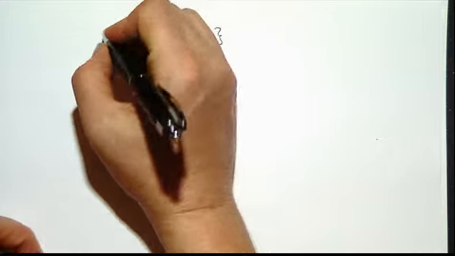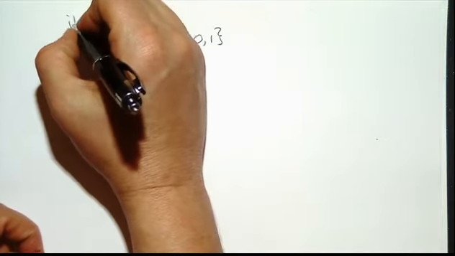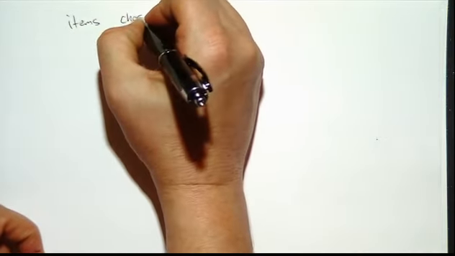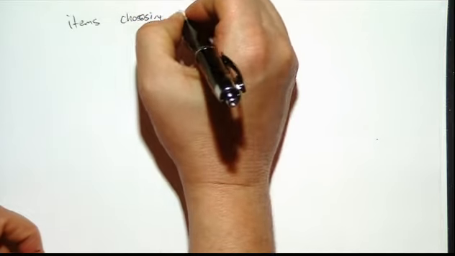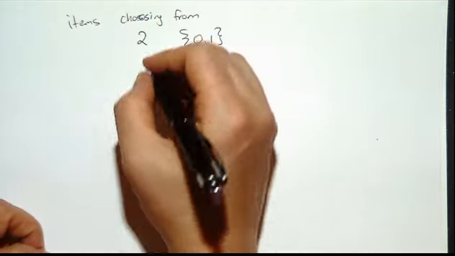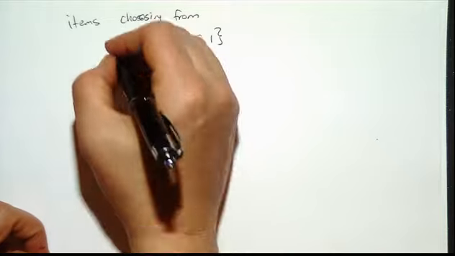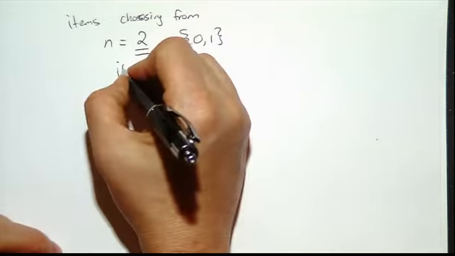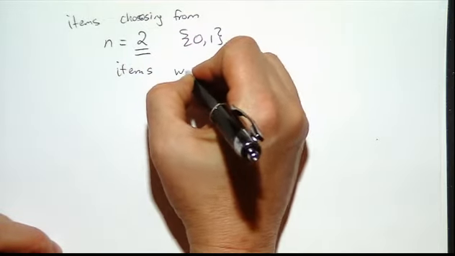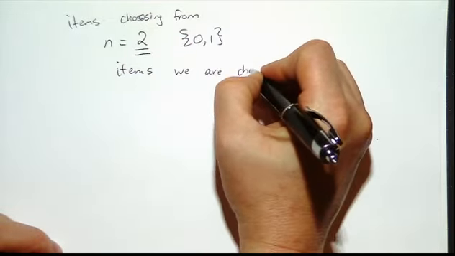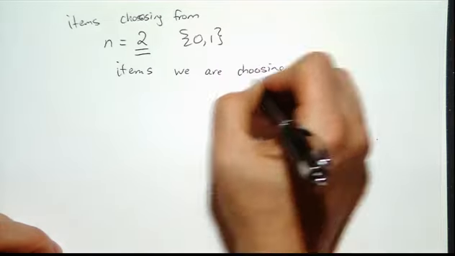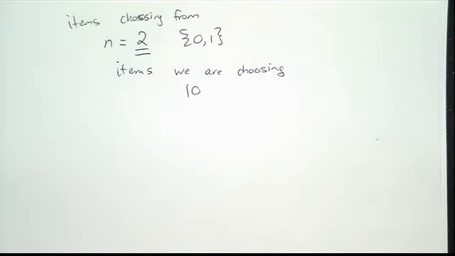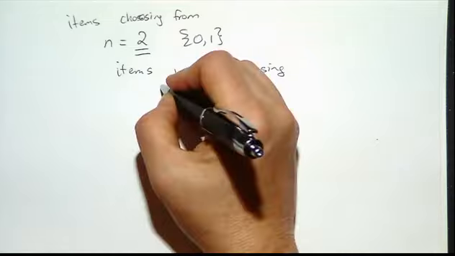So the number of items we're choosing from is normally called n in our counting problems. The number of items we are choosing, that's how many blanks we would draw. That's 10 because we had a bit string of length 10, and that's usually k.